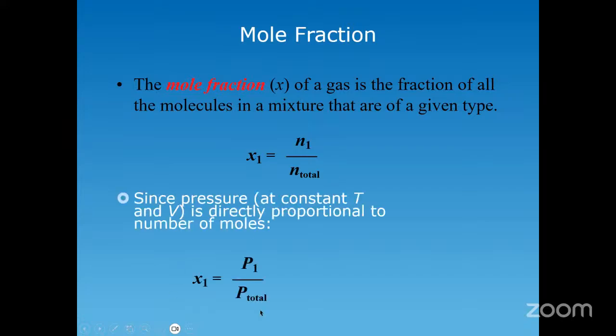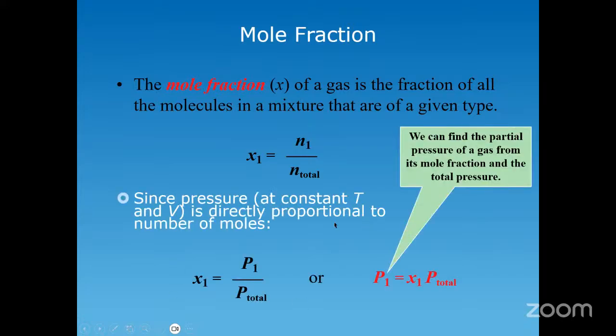All right. Now, there's a direct proportional relationship between the moles and the pressure at a constant temperature and volume, so we can express the mole fraction in terms of the pressure, right?